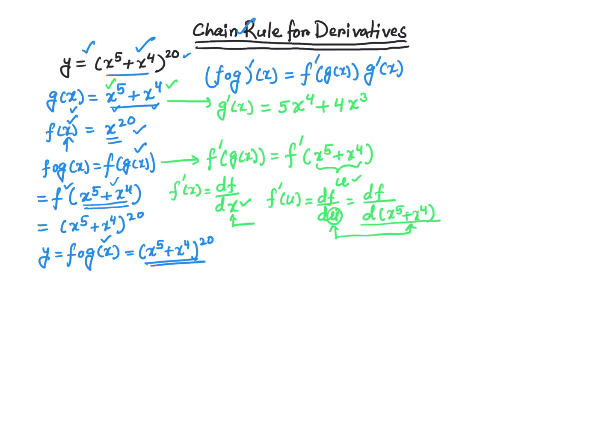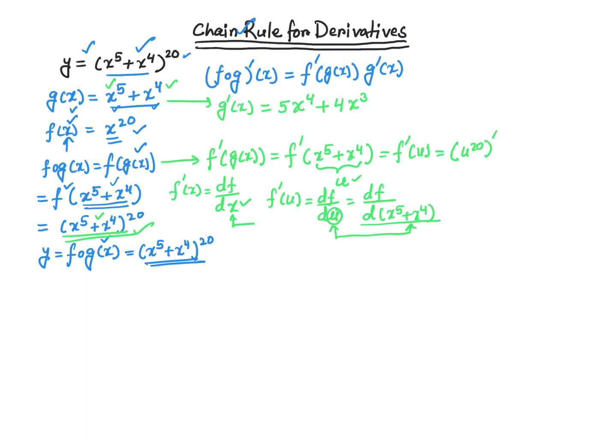So now, if you take the derivative of this guy, what is that going to be? Using the power rule, this is x to the power 5 plus x to the power 4 raised to the power 20. Now x to the power 5 plus x to the power 4 should be treated as u. So it's technically f prime of u, where f of u is u to the power 20.